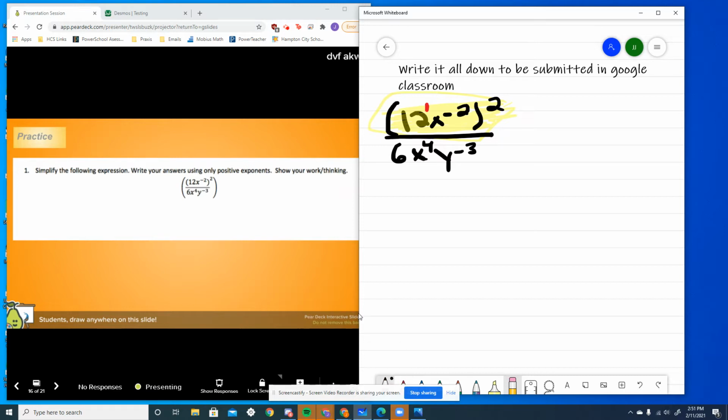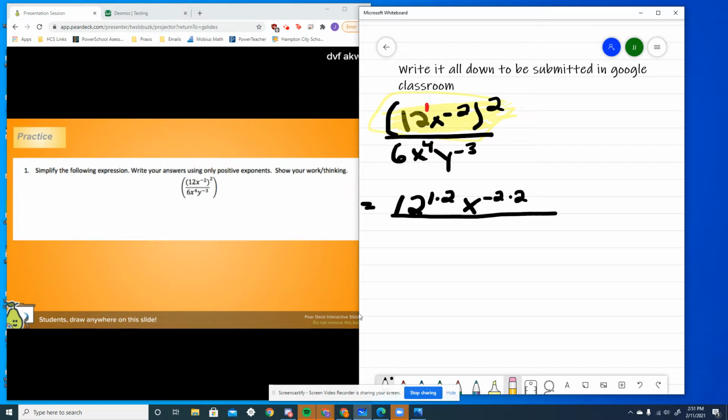So I'm going to rewrite this: 12 to the 1 times 2, x to the negative 2 times 2, all over 6x to the 4th power y to the negative 3. Then I do this again. I look at my top half of the fraction.